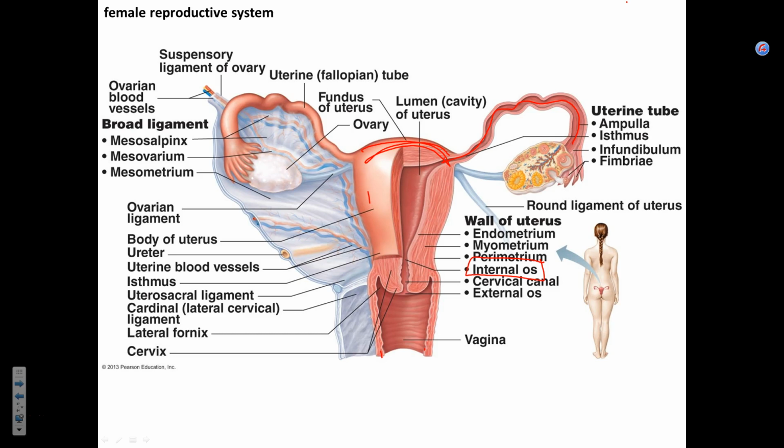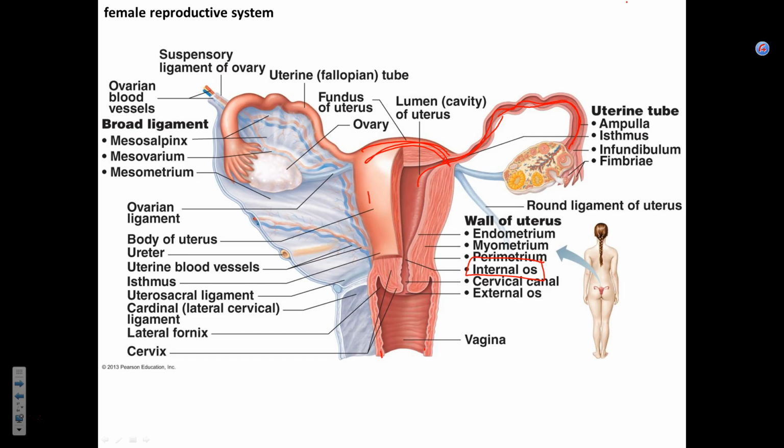Fallopian tubes deliver the secondary oocyte that is released from the ovaries during ovulation. Somewhere in the fallopian tubes it encounters sperm if there is fertilization, and ends up in the uterus.